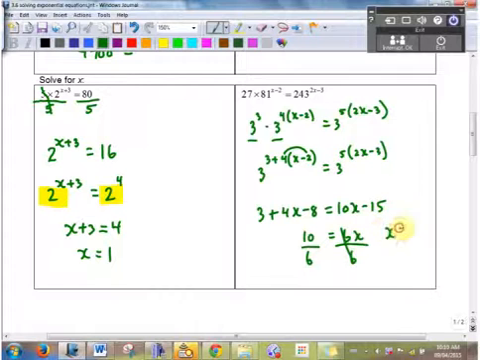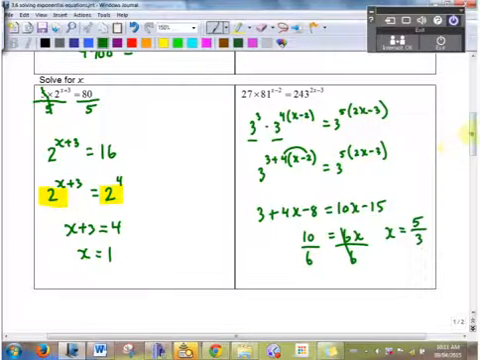So x is 10/6, otherwise known as 2 goes in there 5 times, 2 goes in there 3 times. And I'm not gonna, but you should check it, especially if it's your test, right? Make sure you got it right. Make sure the left side equals the right side. Okay?